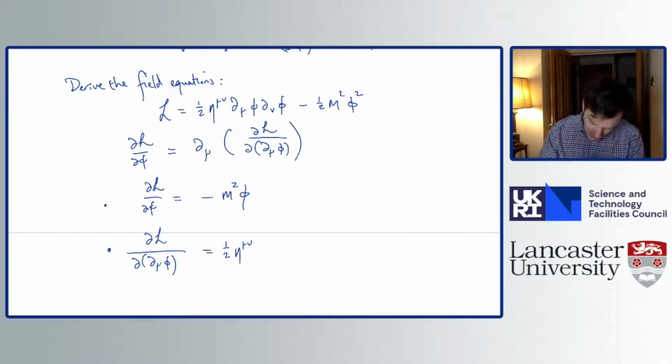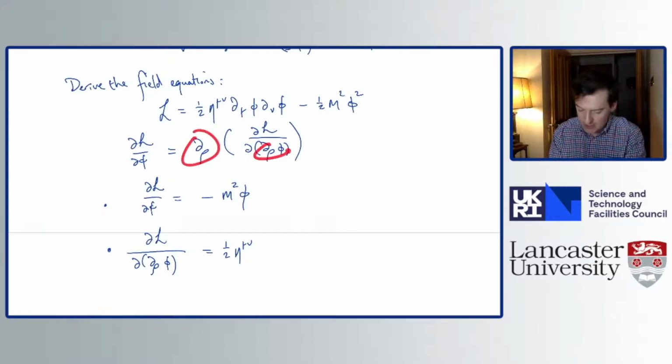It's actually going to be perhaps easier to change the index here. Since I've used mu and nu in my Lagrangian, let's call this rho, okay? In other words, I want to change both of the indices in my Euler-Lagrange equation to be rho.